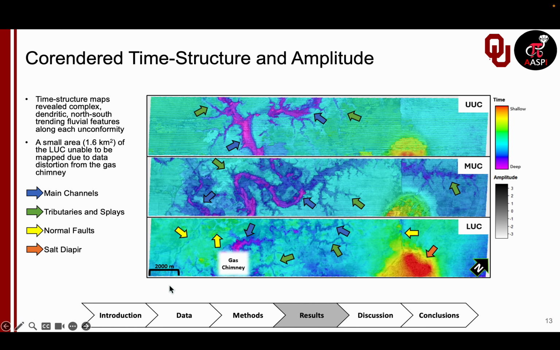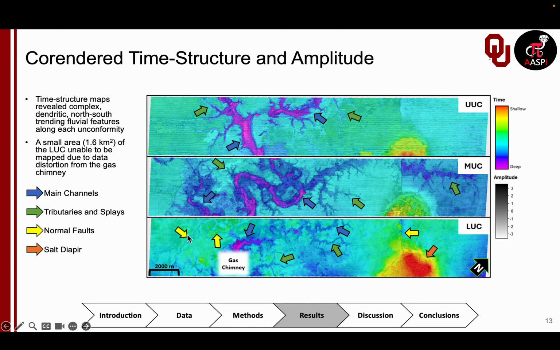So I avoided that area just on the lower unconformity because I didn't want to be inaccurate. But nonetheless, we can still see the main fluvial features along this lower unconformity. We can see this main channel here, and then a bunch of dendritic tributaries.